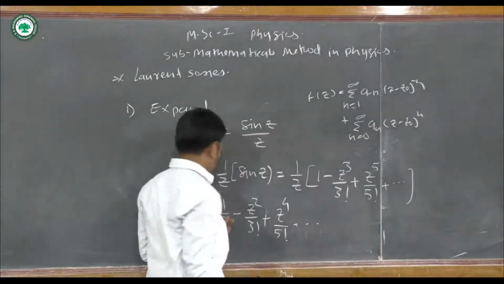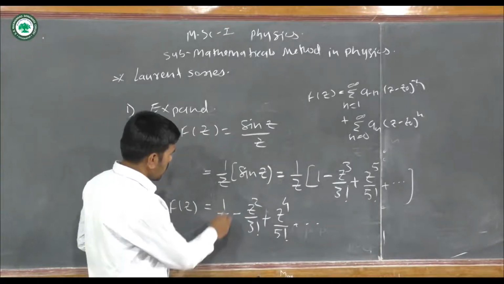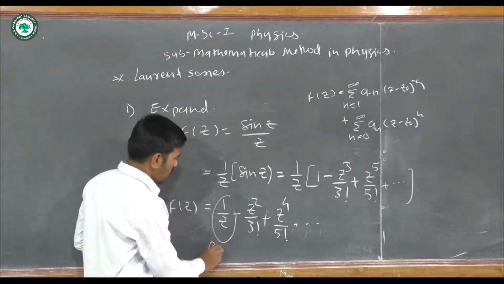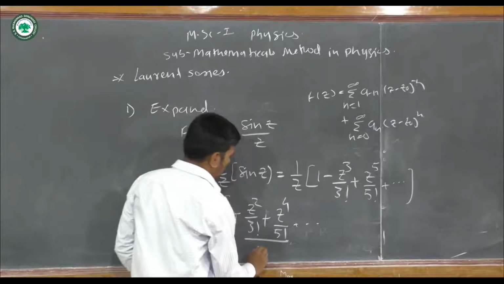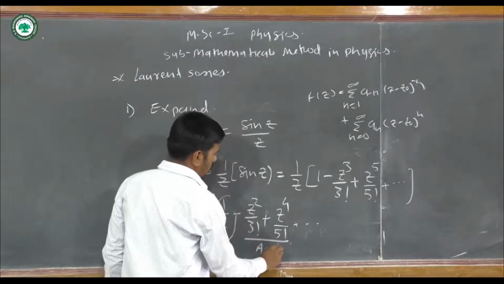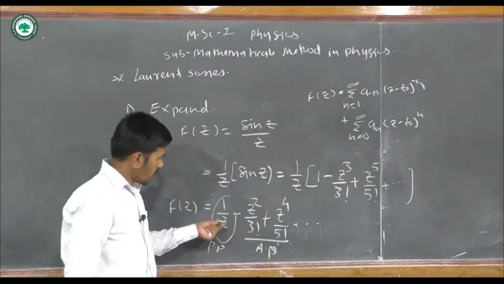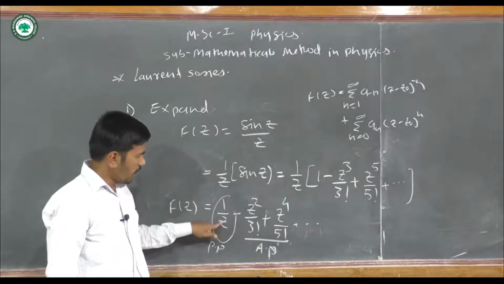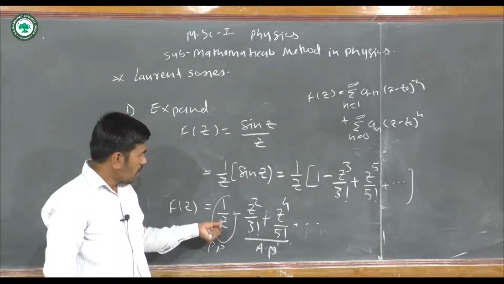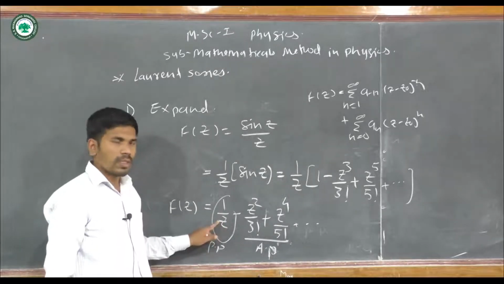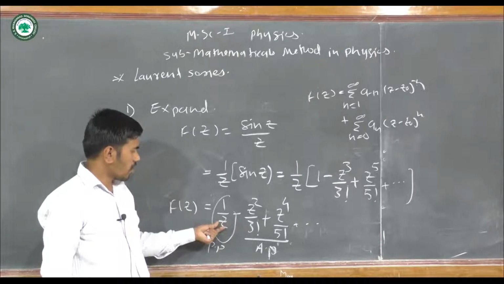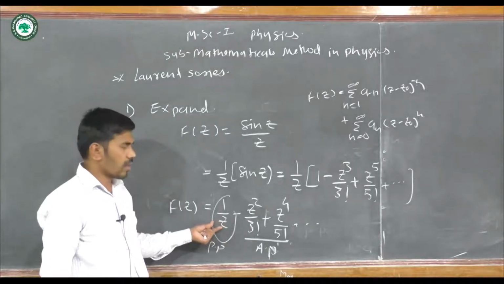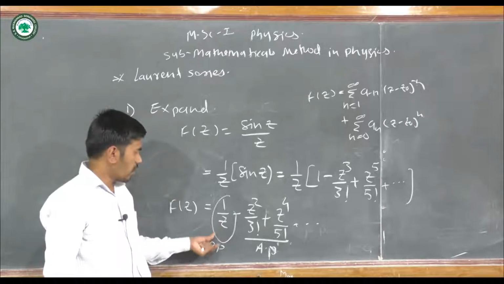So the 1 by z term is part of the principal part and the rest is the analytic part. Its order is 1, so it is a simple pole singularity.